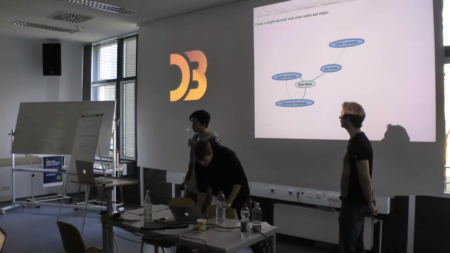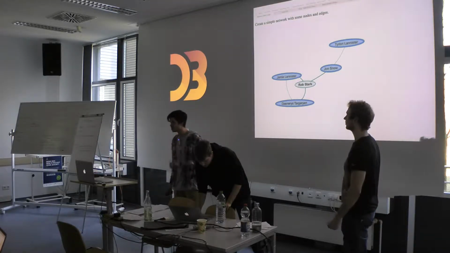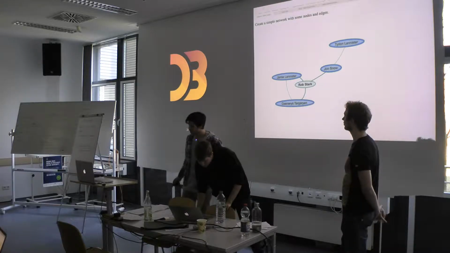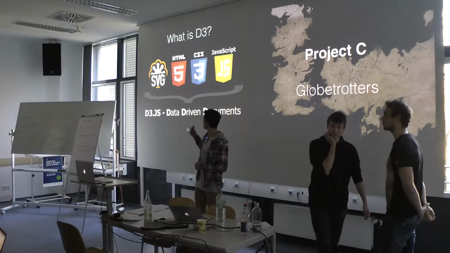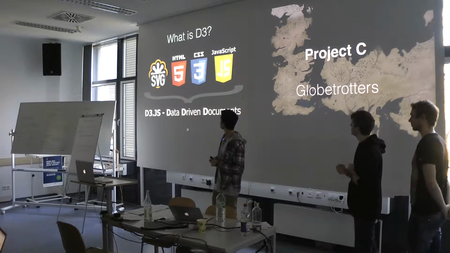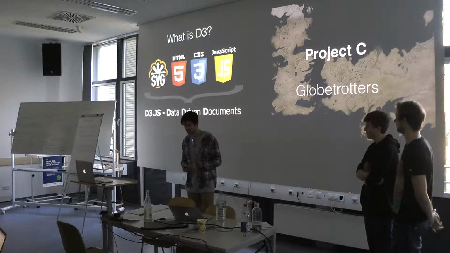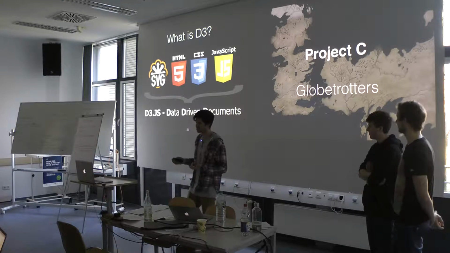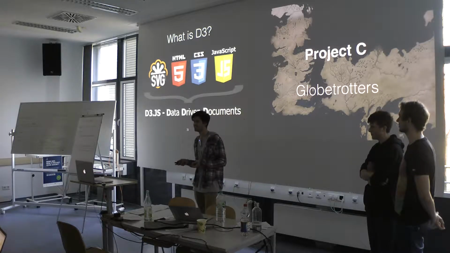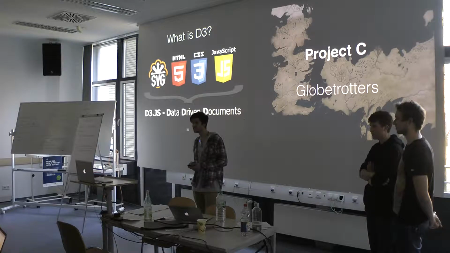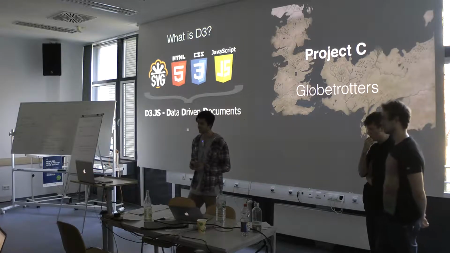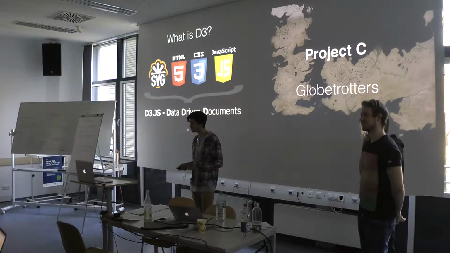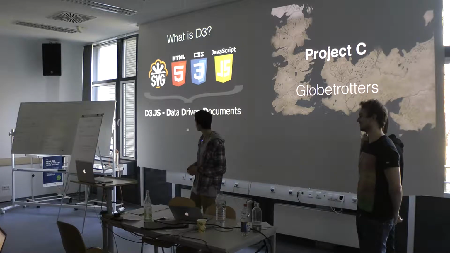a more powerful framework library, namely D3. D3 stands for 3Ds, data-driven documents. It is the de facto standard JavaScript library when it comes to visualization and manipulation of data.